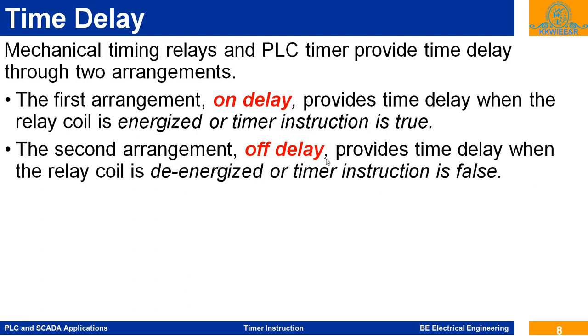The second arrangement provides time delay when the relay coil is de-energized or the timer instruction is false. After that, the delay is provided. Based on how the delay is provided, in relation to energization or de-energization of the relay coil and true or false of the timer instruction, there are on delay and off delay timers.